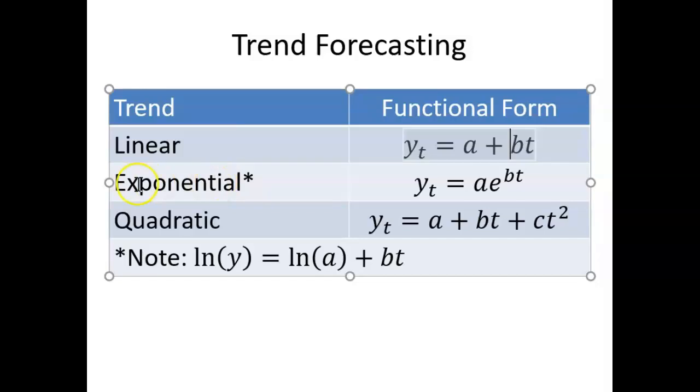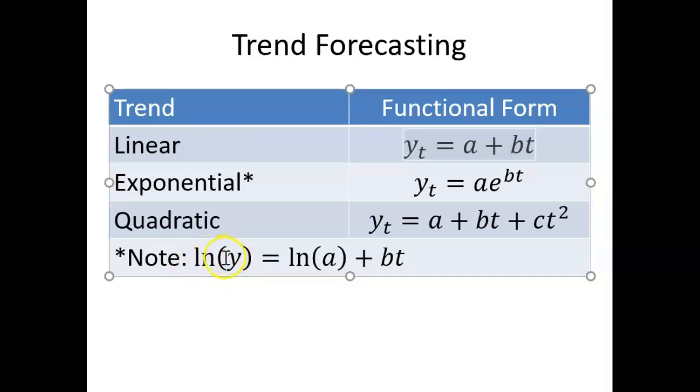The exponential model, which is what Excel calls it, is equal to A times the exponential of B times T. And once you take logs of both sides of the exponential model, we have a model where the natural log of the time series variable is the dependent variable in the regression, and the constant represents the natural log of this A value. And then the regression equation is linearized with a coefficient on the time variable.